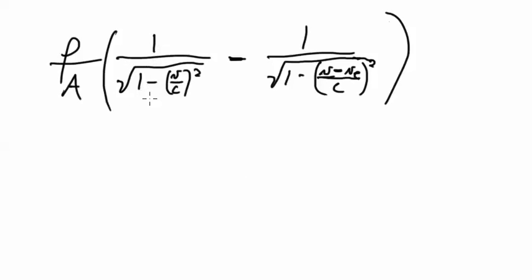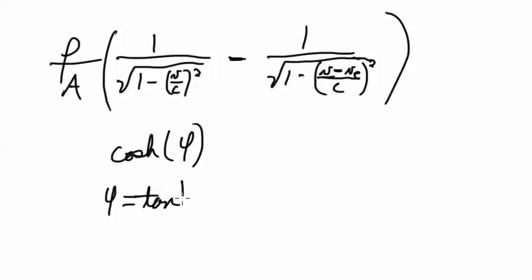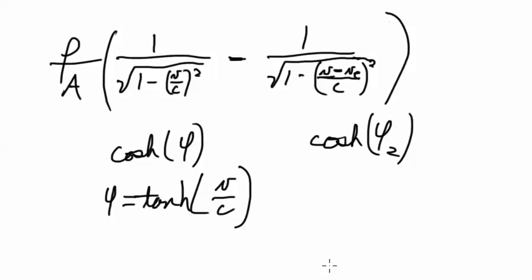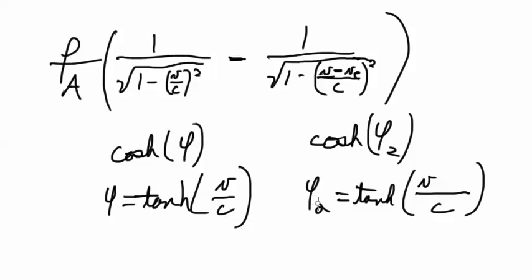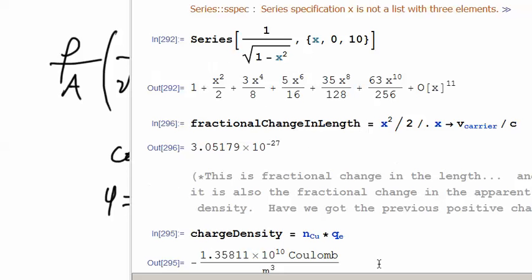One, you might call this cosh of phi, where phi equals the hyperbolic tangent of v over c, and call this one cosh phi 2, where phi 2 is the hyperbolic tangent of (v minus v sub e) over c, and then try subtracting those and see what comes out.